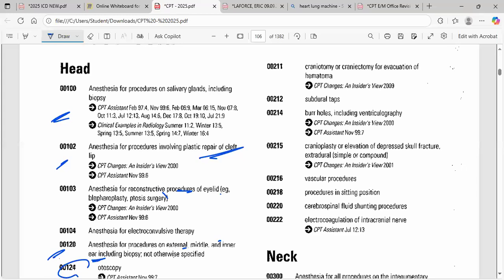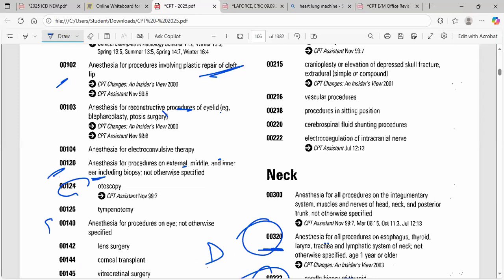Now I have to tell you one difference between the parent code and child code. You can see we have codes 00140, 00142, 00144, and 00145. In these codes, we have a parent and child code relationship.